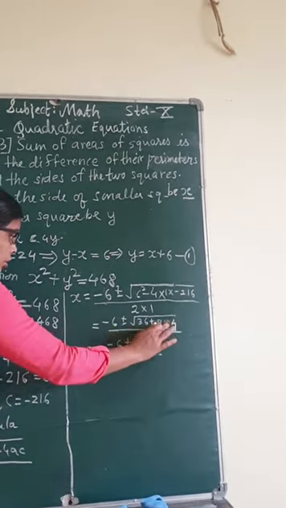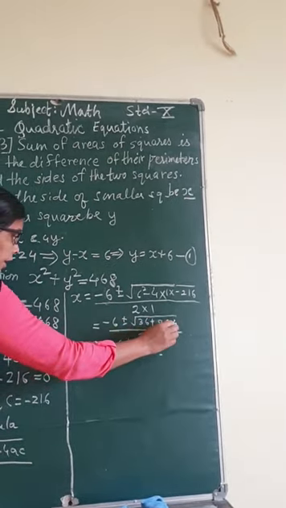It's 864, and then 36 plus 864 gives us 900.